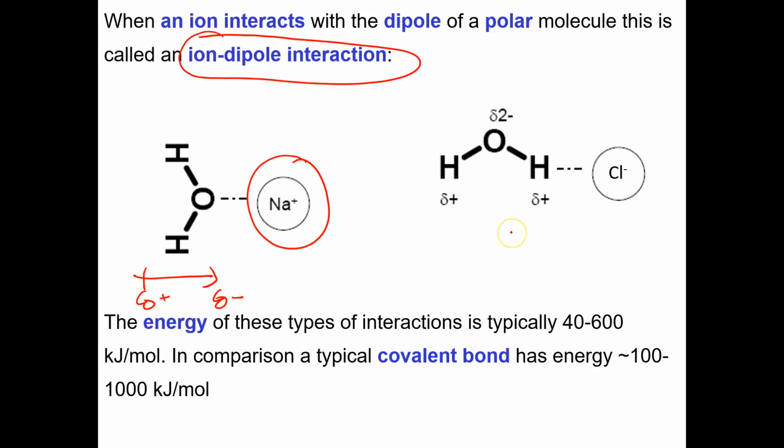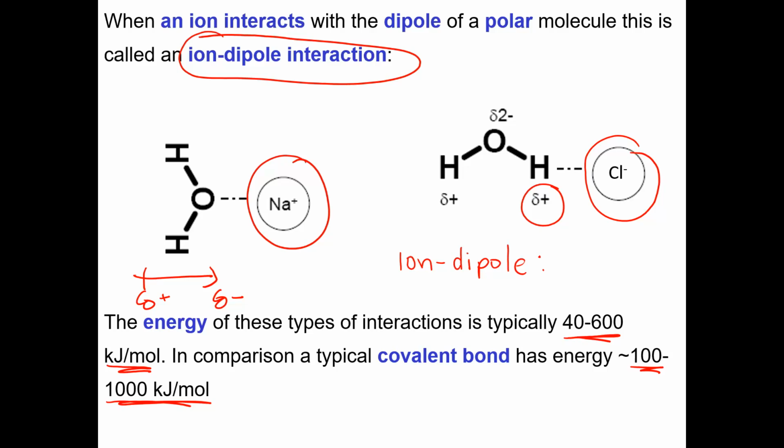Similarly, the positive end of a water molecule can have an ion-dipole interaction with an anion. And it turns out that these types of interactions are quite strong, typically 40 to 600 kilojoules per mole, which is similar to the strength of a covalent bond. So ion-dipole interactions, again, are quite strong.